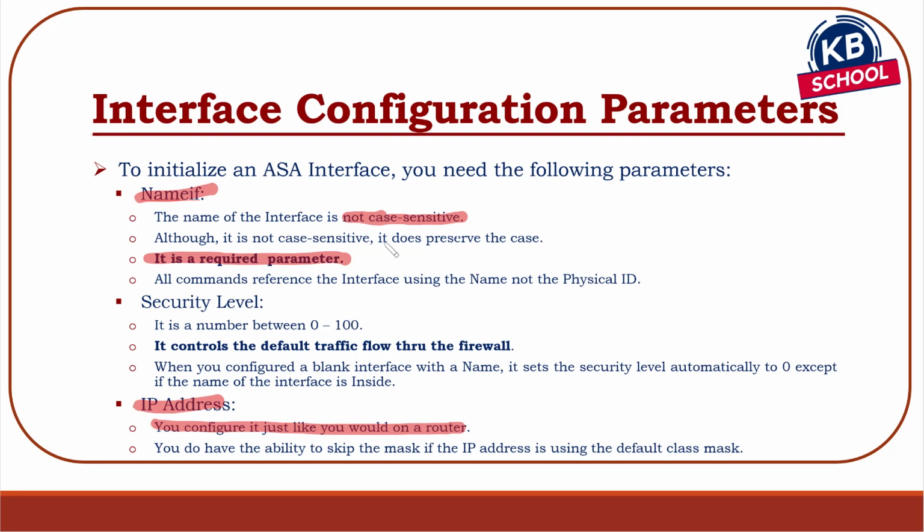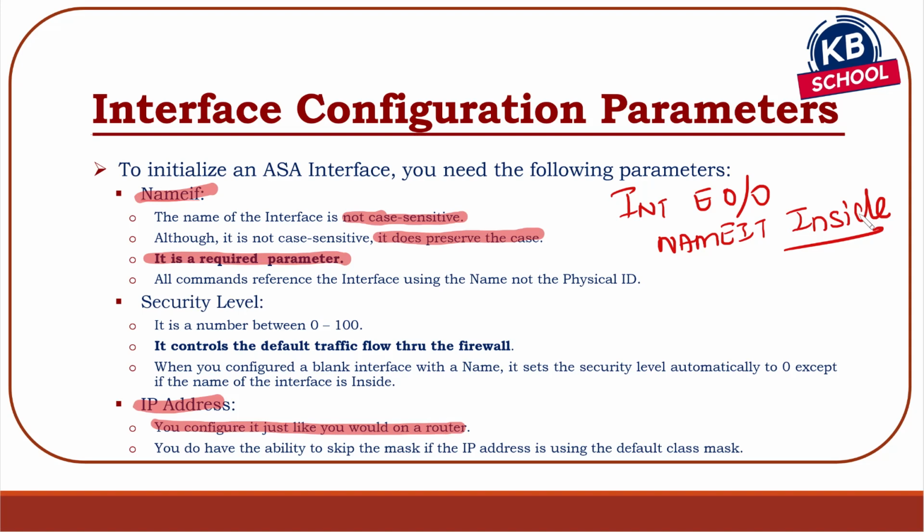Although it's not case sensitive, it does preserve the case. What does that mean? Let's say initially when you're configuring the interface, you set the interface as E0/0 and you said name if inside, with I capital and NSIDE in lowercase. So later on when you point to it, let's say you want to apply an ACL to it, and you apply the ACL to the word inside with I lowercase.